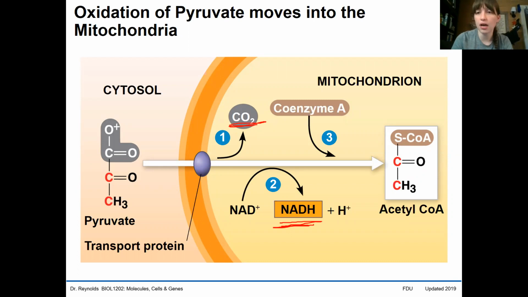And then that bond is replaced using a molecule called coenzyme A. And so we named this final molecule, the result of the oxidation of pyruvate, acetyl-CoA. We've moved now from this glycolysis in the cytoplasm into the mitochondria.